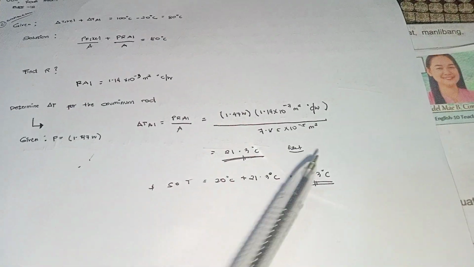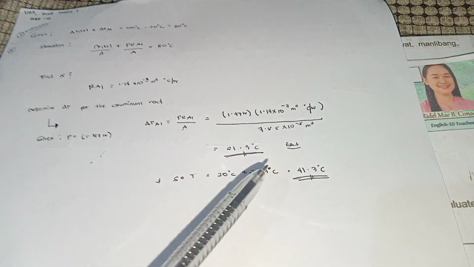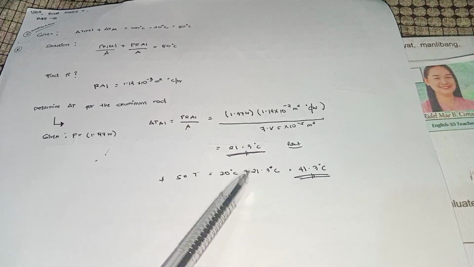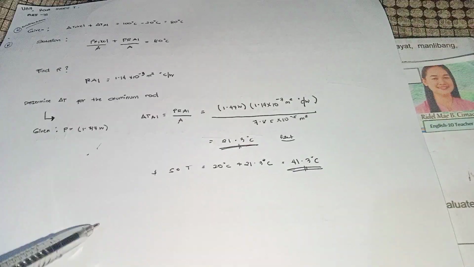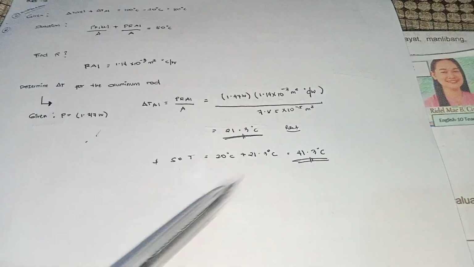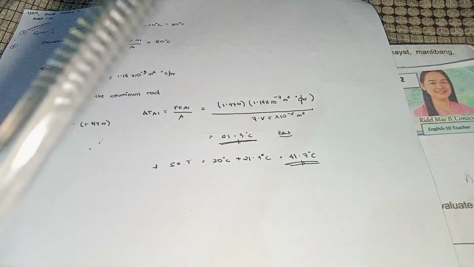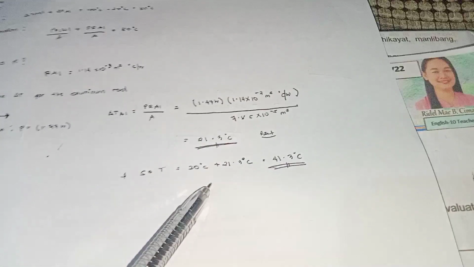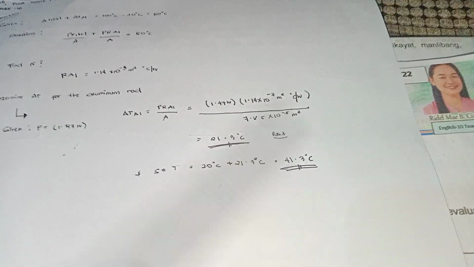So we divide it again, times and divide, and we get an answer of 21.3 degrees Celsius. So T equals 20 degrees Celsius plus 21.3 degrees Celsius, and we get the final answer of 41.3 degrees Celsius.